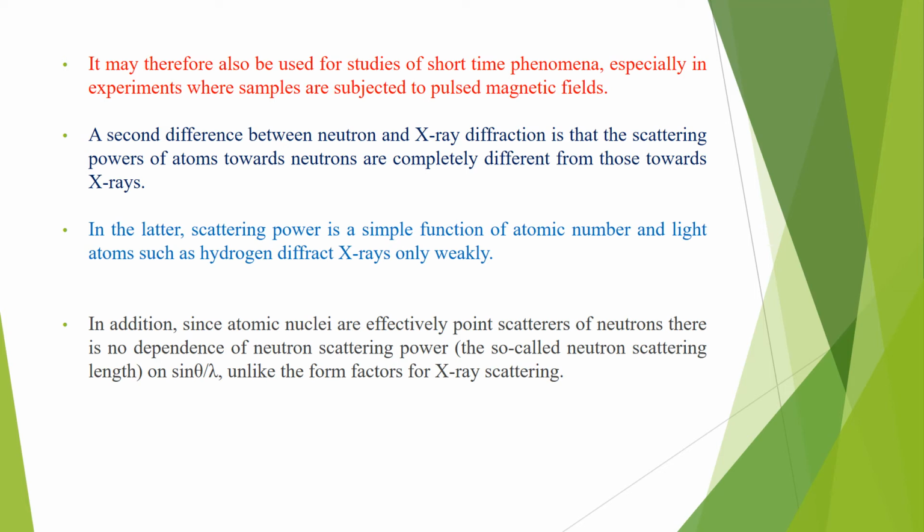A second difference between neutron and X-ray diffraction is that the scattering powers of atoms towards neutrons are completely different from those towards X-rays. In the latter, scattering power is a simple function of atomic number, and light atoms such as hydrogen diffract X-rays only very weakly.